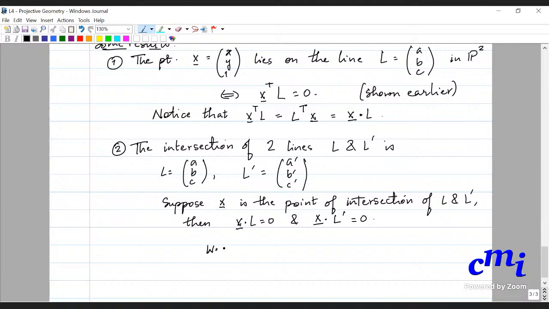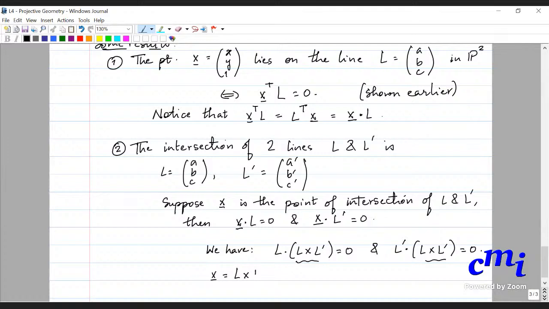We have already that L dot L cross L prime is 0 and L prime dot L cross L prime is 0. This is the vector which satisfies both equations. So we can actually take X to be L cross L prime.